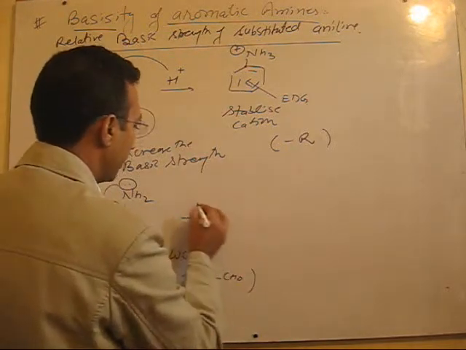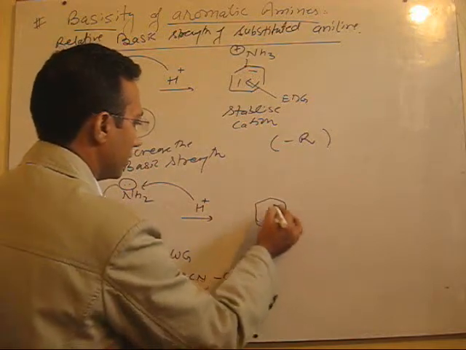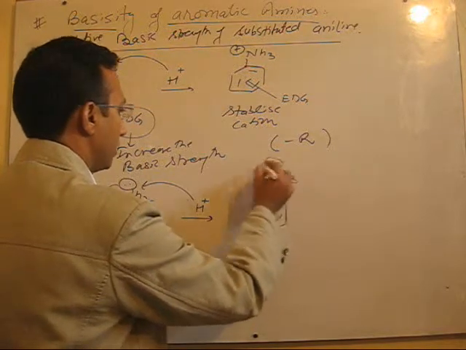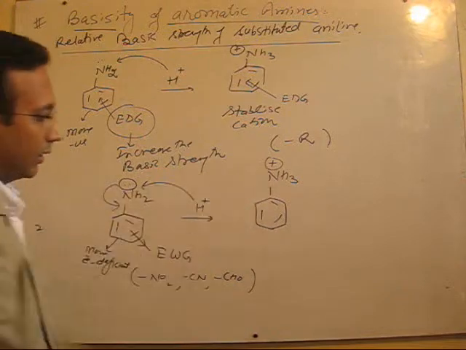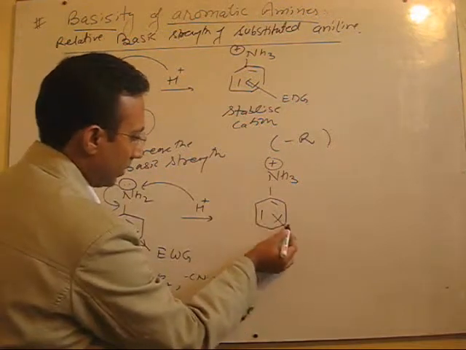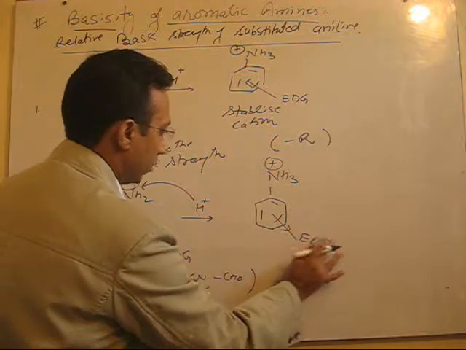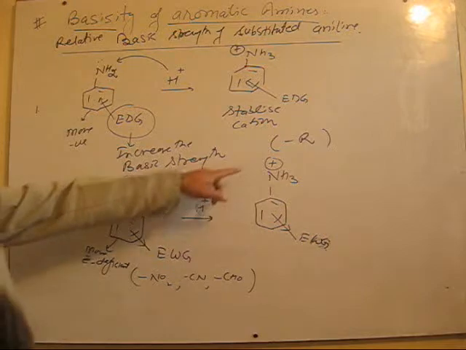And moreover, let's see the stability of the cation formed in this case. Then you will find the cation is unstable due to the presence of electron deficiency on nitrogen. And moreover, if these groups are present, they are further going to decrease the electron density on nitrogen.